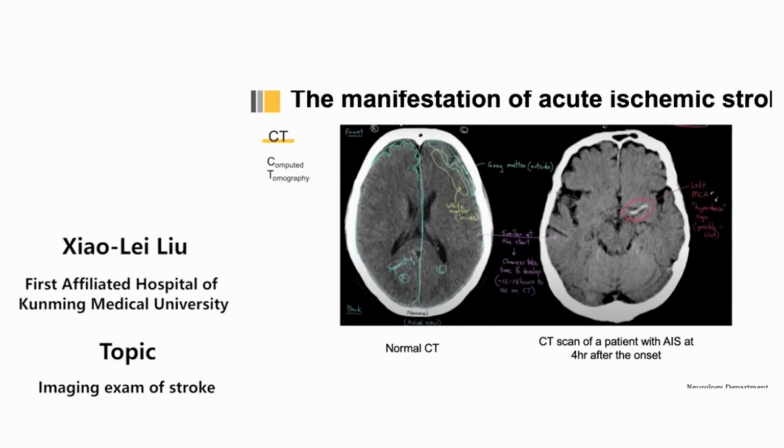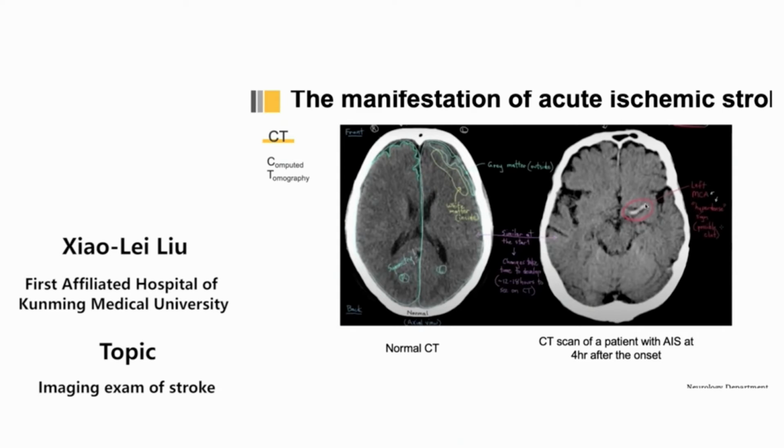But in the early stage, you might see a clot that caused the ischemic stroke. This CT scan is taken pretty quickly after a stroke, at 4 hours after the onset. What you might notice is this thing here, which is actually the left middle cerebral artery.